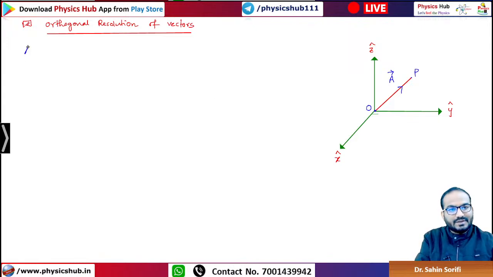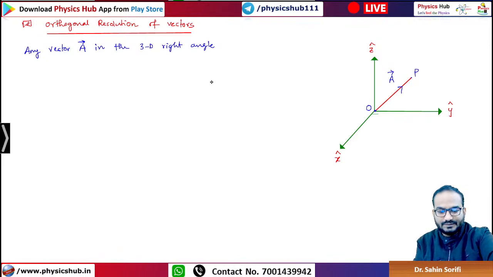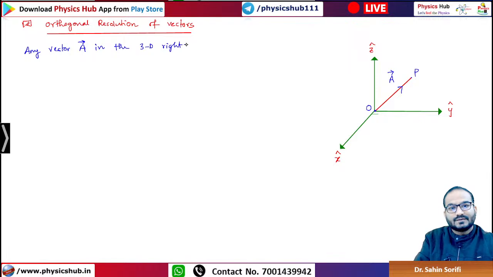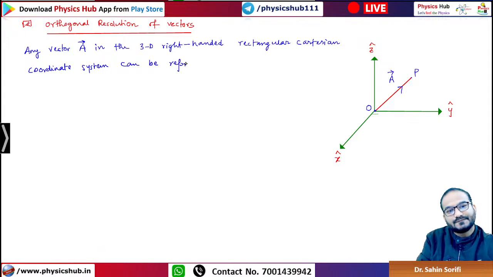Okay. So any vector A in the 3D right-handed rectangular Cartesian coordinate system can be represented as follows.